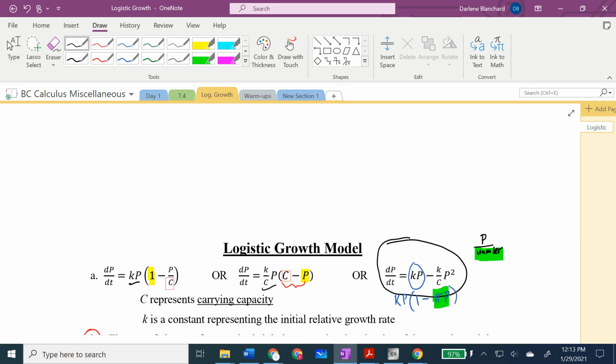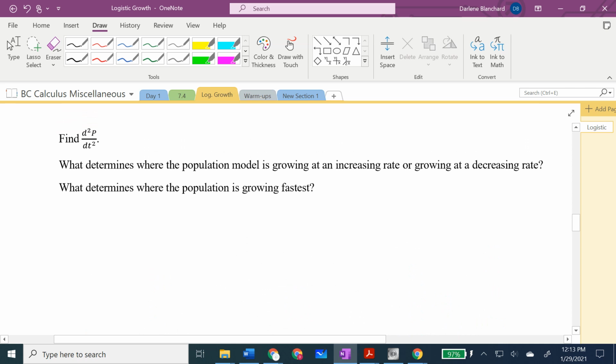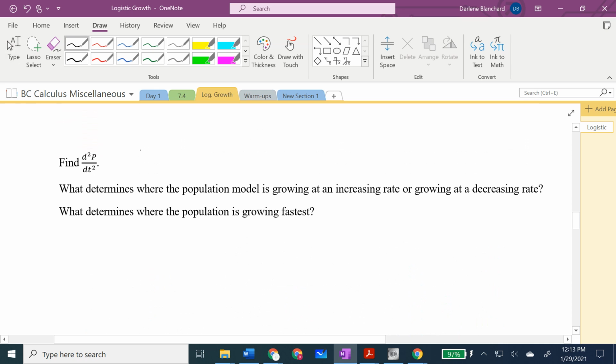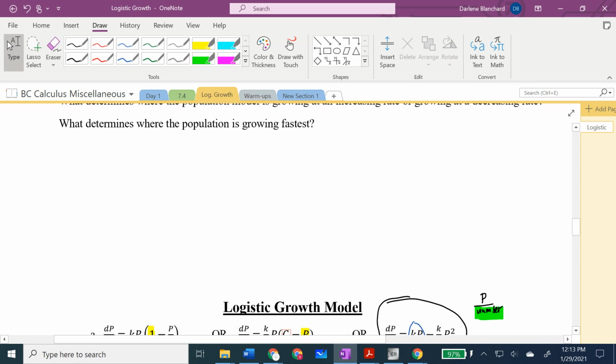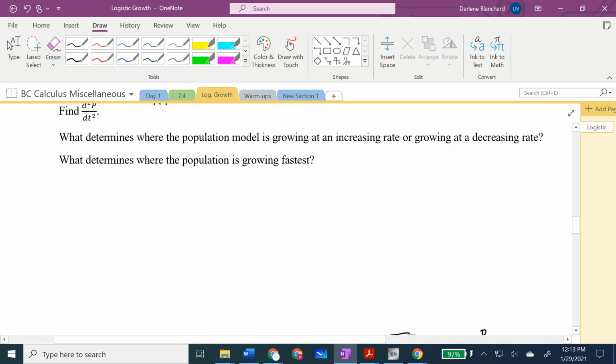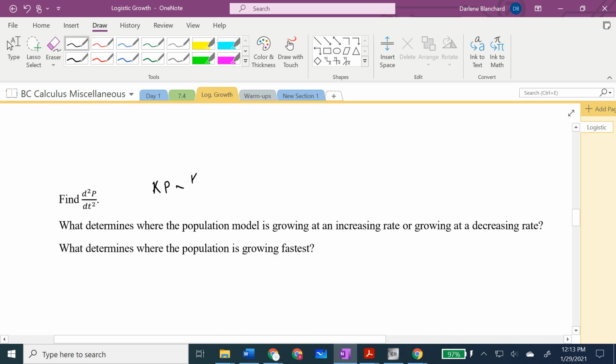Nobody wants to do product rule. They can avoid it. So I've got KP, minus K over C times P squared.